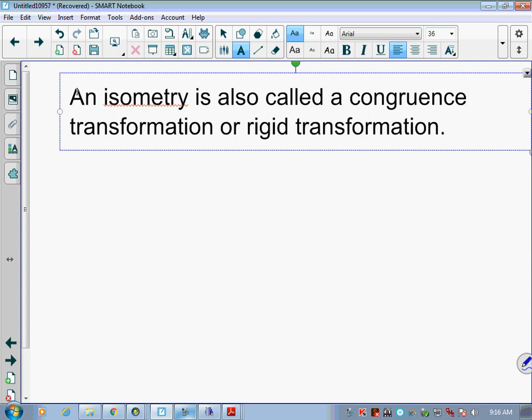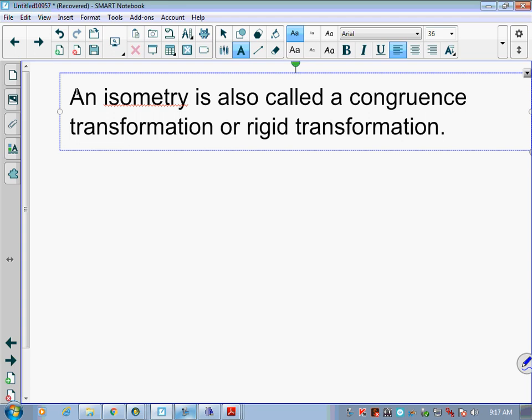Isometry, congruence transformation, rigid transformation all mean the same thing. We want to notice that because if we get a question that says such and such about a rigid transformation, or about an isometry, or about a congruence transformation, we want to know that all three of those are the same thing. They're three different terms for the same thing.